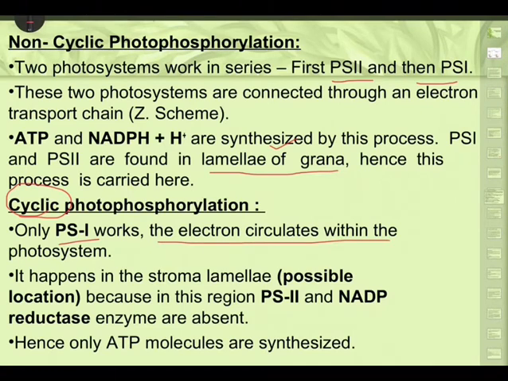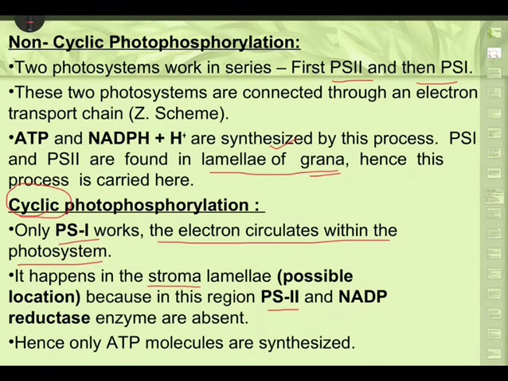In non-cyclic, both PS2 and PS1 will work, whereas in cyclic only PS1 works. And because it is cyclic, the electron moves in a circular shape, so the electron circulates within the photosystem. That is how it happens in the stroma. Look at that, cyclic will happen in the stroma. What about non-cyclic? Grana.